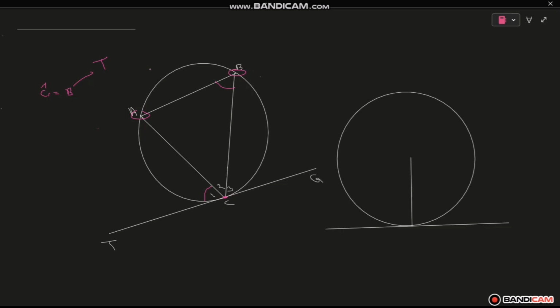You write tan chord theorem, or tangent chord theorem. For that to exist, you must make sure that A, B, C touch the circumference. This is very, very important. As you can see, TG is actually touching the circle as I'm highlighting.